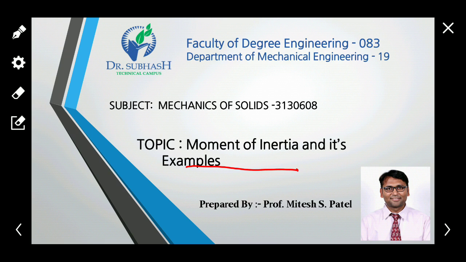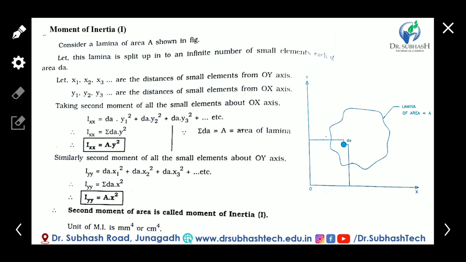Today's lecture topic is moment of inertia. We already discussed the introduction of moment of inertia in the last lecture. What is the moment of inertia? There are two types: the area moment of inertia and the mass moment of inertia. It is the resistance to any moment given to the body. This resistance property of the body is called the moment of inertia.